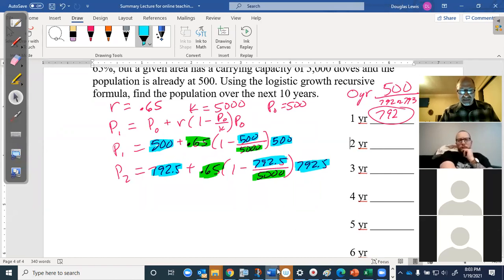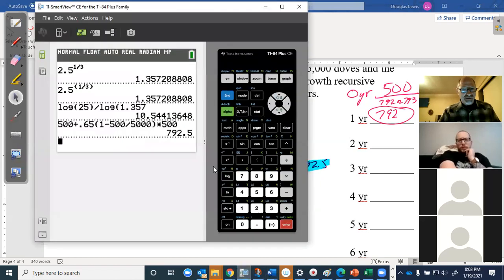So when I plug that into the calculator, I'm going to rewrite this whole thing. 792.5 plus 0.65 times 1 minus, so I'm having to write the whole thing over again. This is kind of a pain, isn't it?